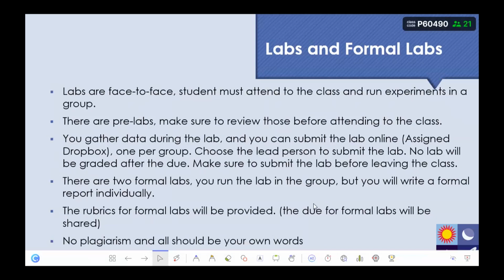When we reach that part, I will explain the rubric and how to write your formal report. There will be 2 formal labs for the entire semester, and we will try to shuffle the groups 2 or 3 times during the semester. Good.